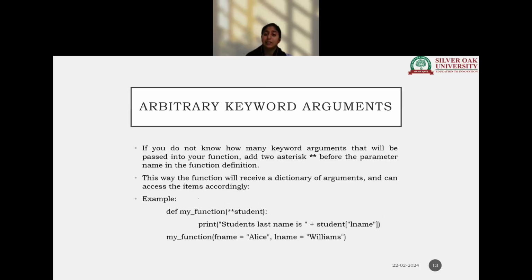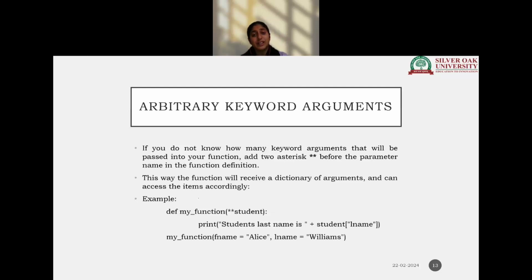Now again in the keyword arguments, if we are working with some data where we don't know how many arguments will come to us, we have asked the person to enter the full name. Few would just enter their first name, few would enter first name and last name, few would enter first name, last name, middle name. So we don't know what type of data exactly they would send. In such a case, we create an arbitrary keyword argument where we don't fix the keywords in the definition.